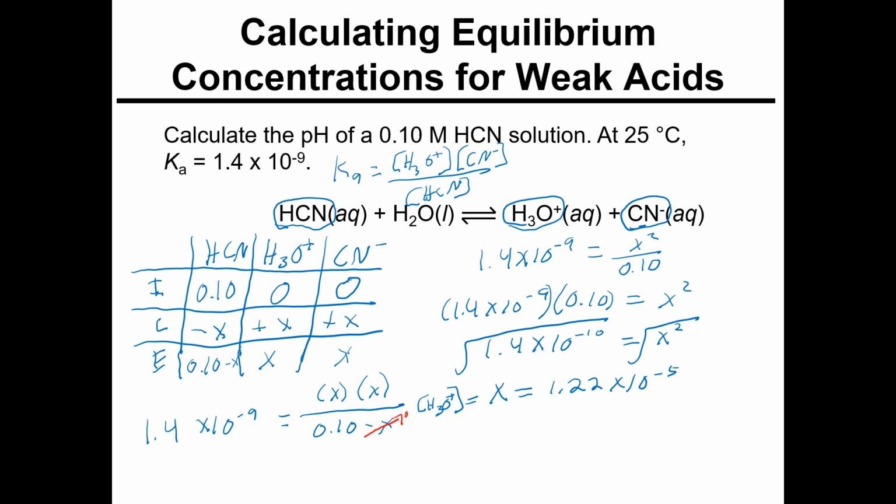And we could go back and calculate the concentration of HCN by taking 0.10 minus this value. However, let's look back at the question. The question only asked us to calculate pH. And to calculate pH, pH is equal to the negative log of H3O+. So the only thing that we actually care about is the H3O+.